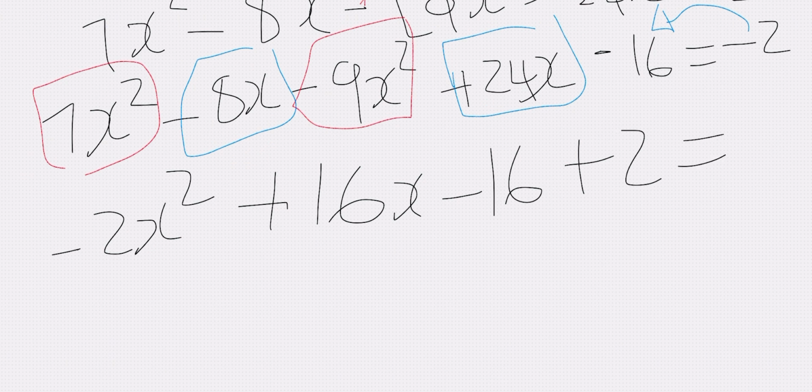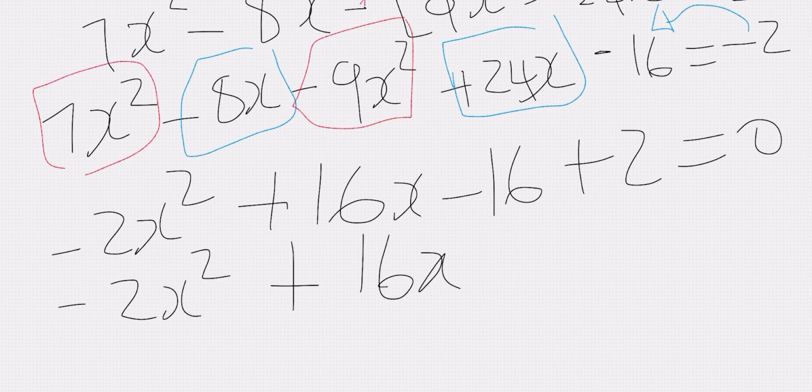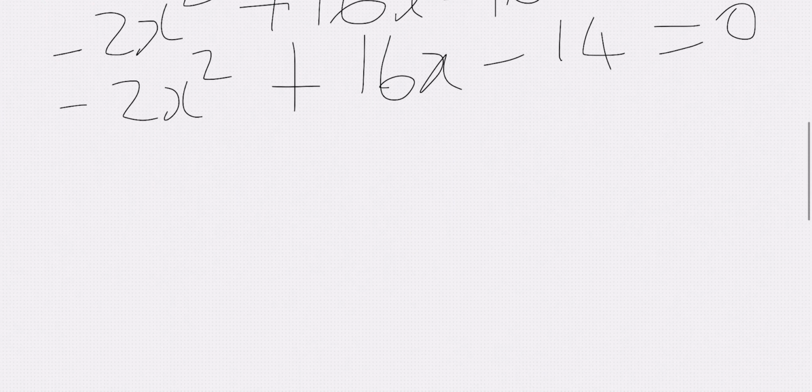Plus 2 equals 0. Then it will be minus 2x squared plus 16x. Then minus 16 plus 2, that's minus 14. Let's move our page up a bit so we create a space for our problem at hand.